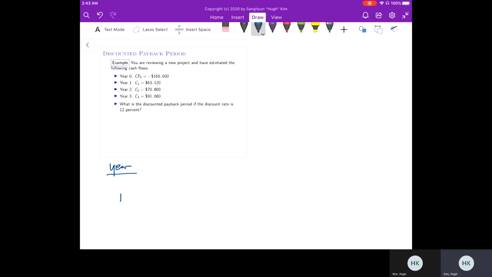The first year cash flow is $63,120, and we discount this at 12%. So the present value is $56,357.14. So that's the present value of the first year cash flow.